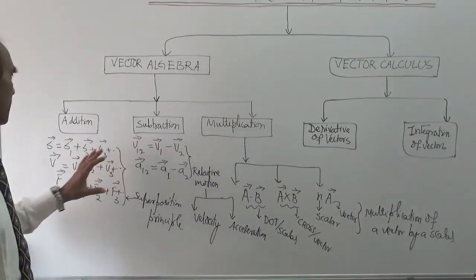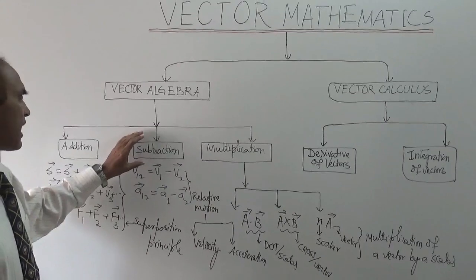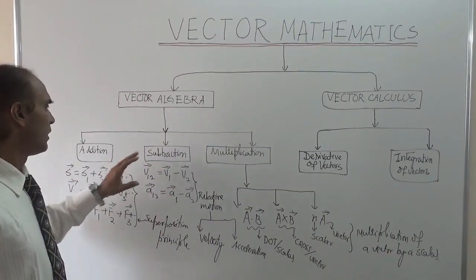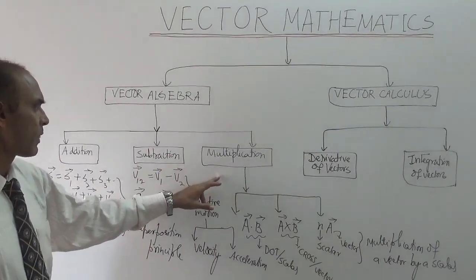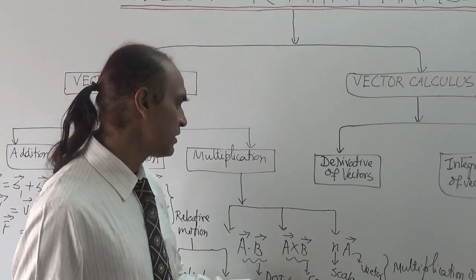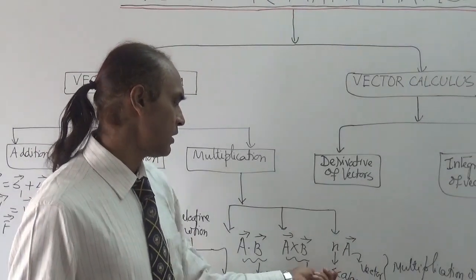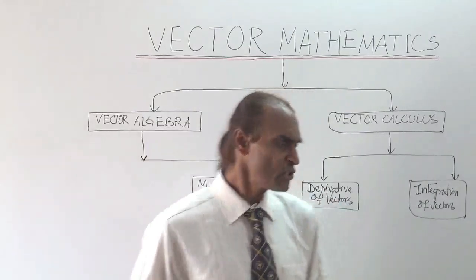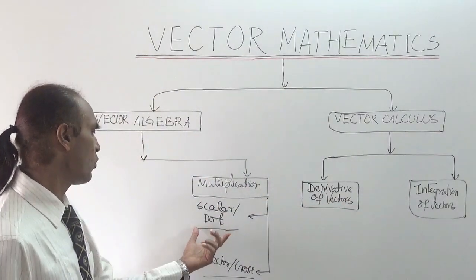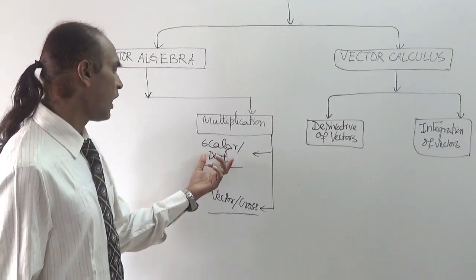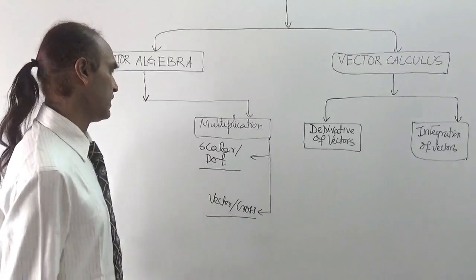I have given the examples of addition and subtraction of vectors in physics. Let us give an example of dot and cross product. The multiplication of vectors has 2 parts, scalar and vector multiplication, or dot and cross multiplication.